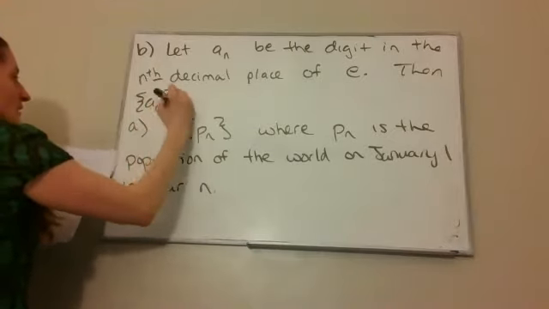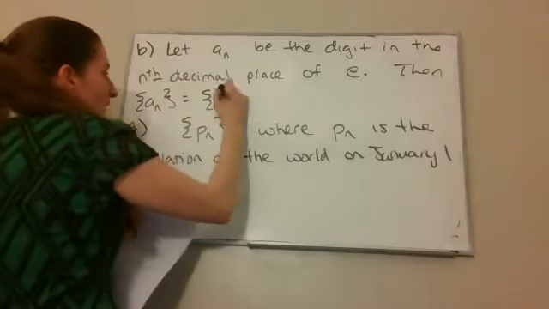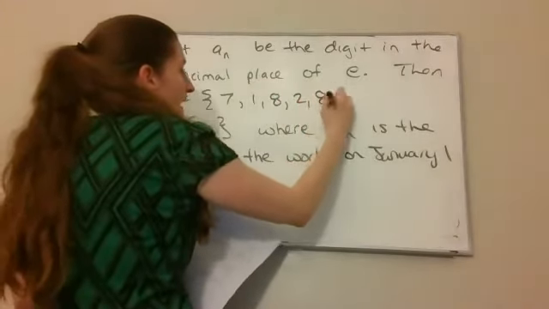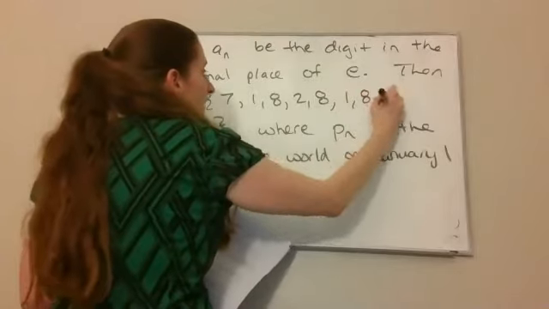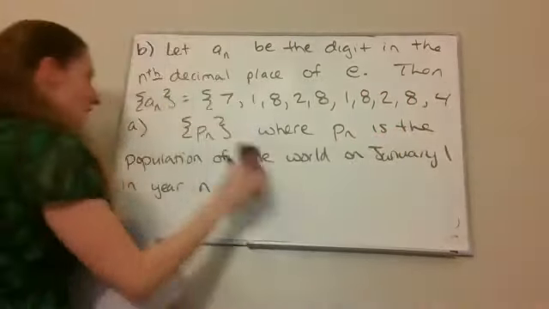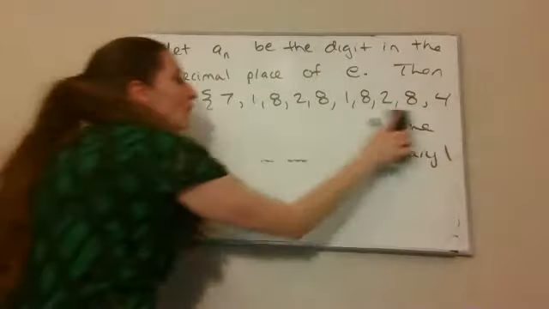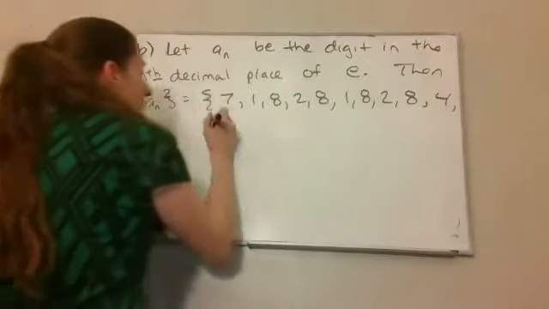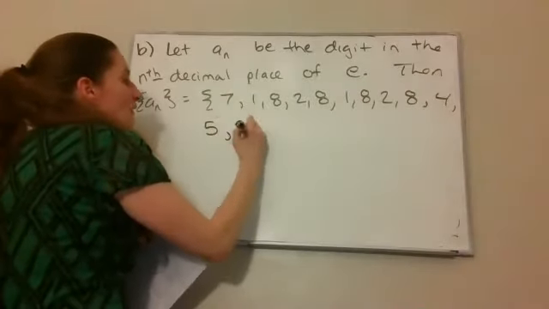My a_n would start with 7, 1, 8, 2, 8, 1, 8, 2, 8, 4, 5, 9, 0, 4, 5, and 2. And that's as far as I have memorized. You don't need all of that memorized.